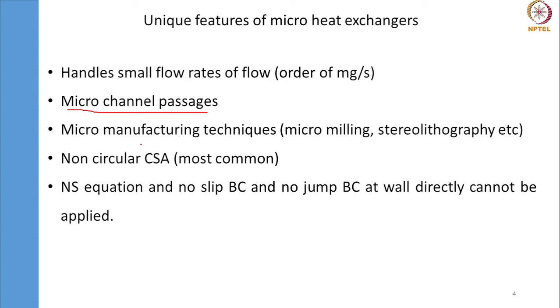Also, for making these kinds of heat exchangers, micro manufacturing techniques are most generally used, which include micro milling, stereolithography, etc. And generally in macro heat exchangers or conventional heat exchangers, the preferred or most commonly used hydraulic cross sectional area is circular. But in case of micro heat exchangers, we are not going to use a conventional circular cross sectional area. It is mostly non-circular cross sectional area.